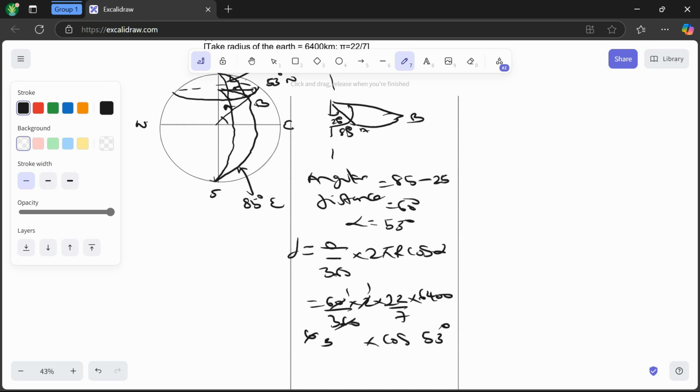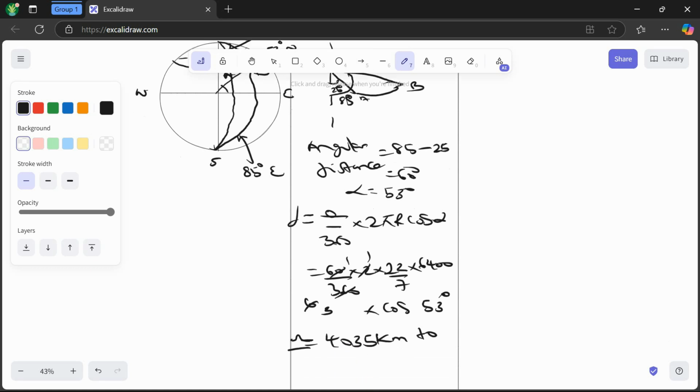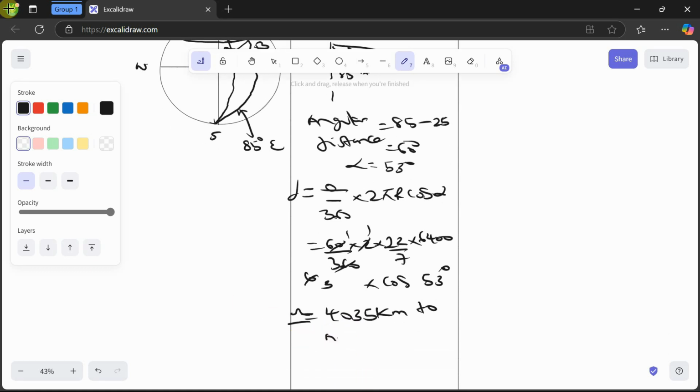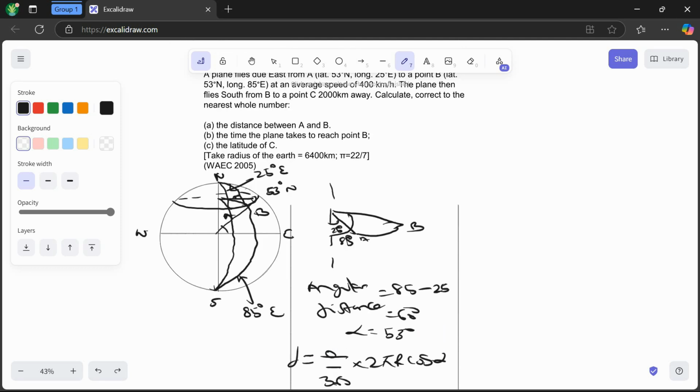That will be 1 over 3 times 22 over 7 times 6,400 times cos 53, and that gave me 4,035. It says we should give the nearest whole number, so that is approximately 4,035 kilometers. So we have found the distance.